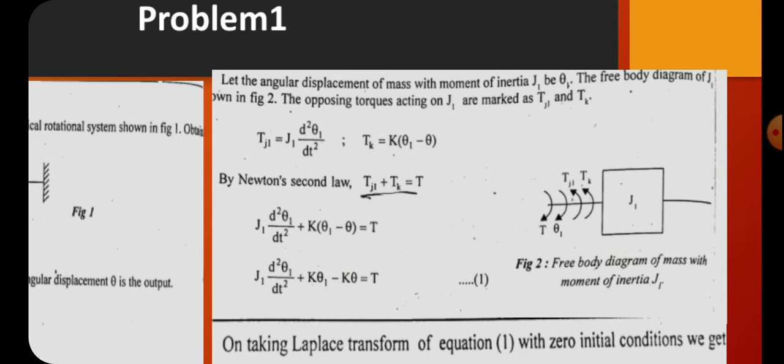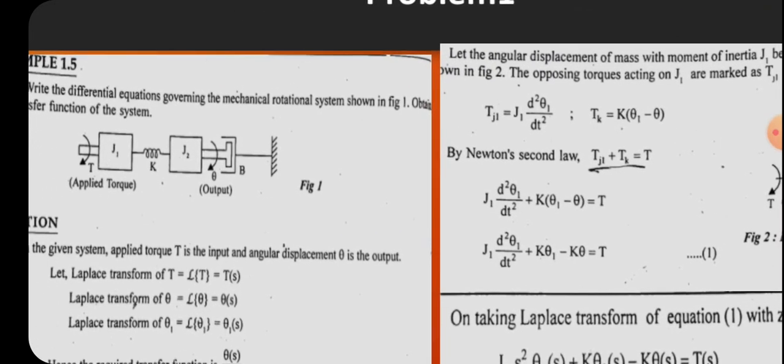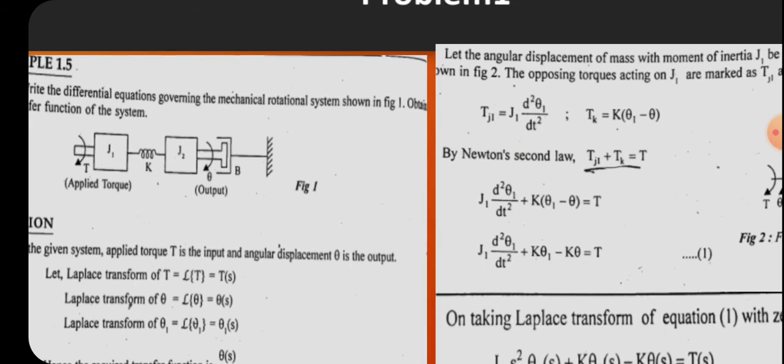Why does theta 1 minus theta 2 come in that equation? We know that spring K is connected between two masses, so there will be two displacements associated with K. Since we are considering the node J1, we assume that theta 1 associated with J1 will be greater than theta 2 associated with J2.